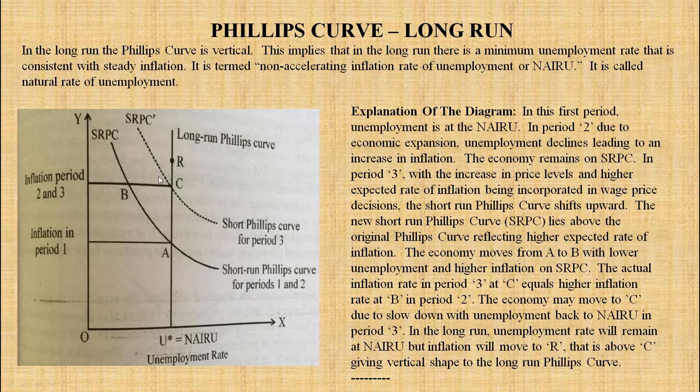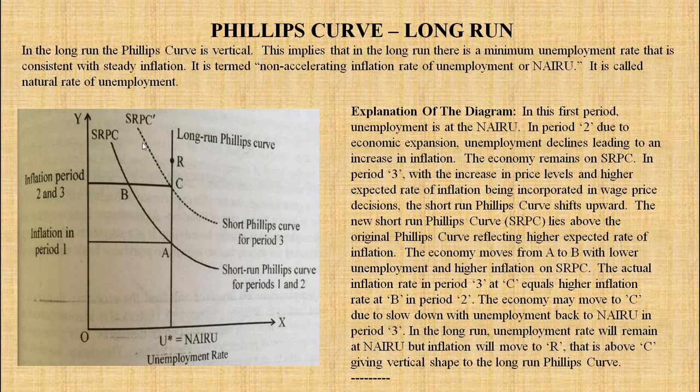In period 3, with the increase in the price levels and a higher expected rate of inflation being incorporated in wage and price decisions, the short run Phillips curve shifts upward. The new short run Phillips curve lies above the original Phillips curve, reflecting a higher expected rate of inflation.